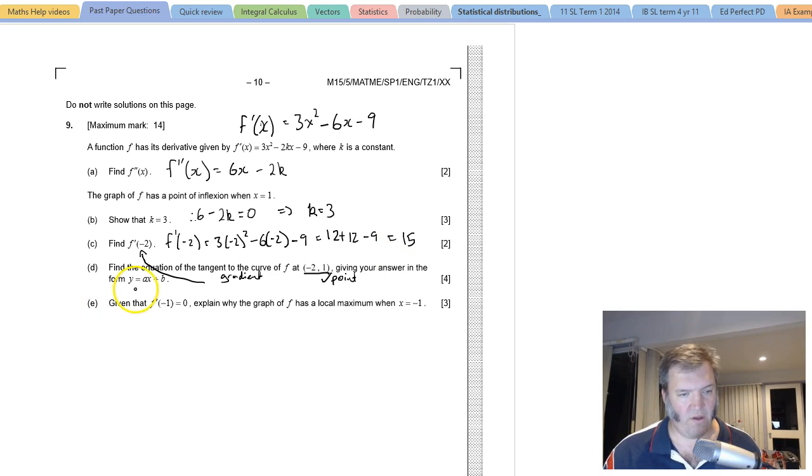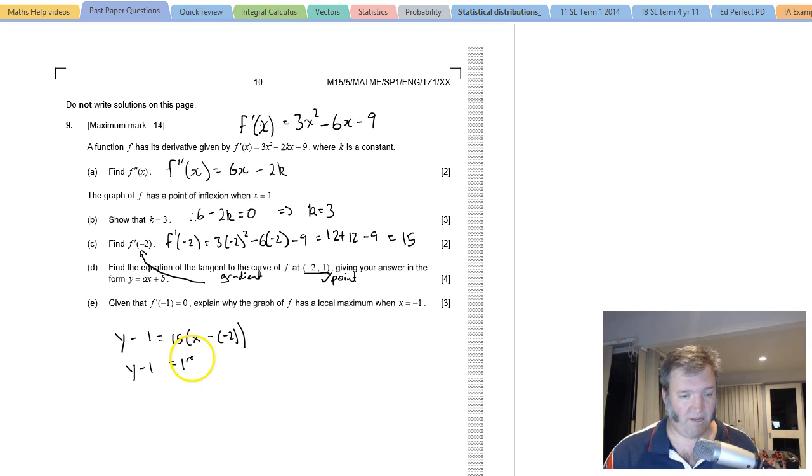So therefore, they want it in that form, but I'm going to go with y minus y1, which is 1, equals m, the gradient 15, x minus x1, and x1 is negative 2. You could just use y equals mx plus c and sub in negative 2 and 1, it would work as well. Either way, we're going to get the same answer.